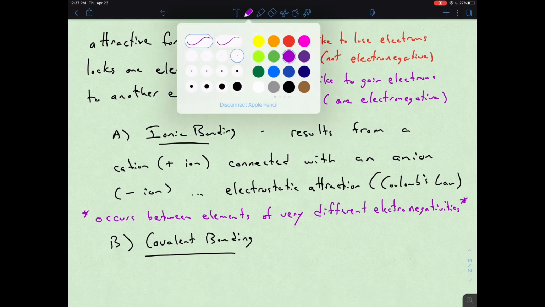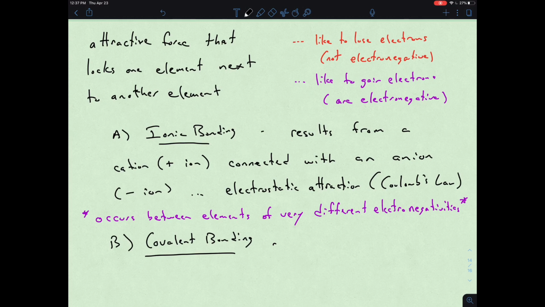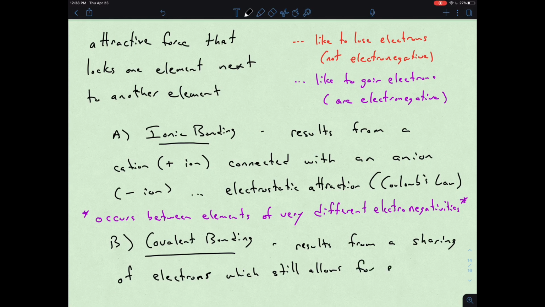With covalent bonding, this results from a sharing of electrons, which still allows for elements to be connected.